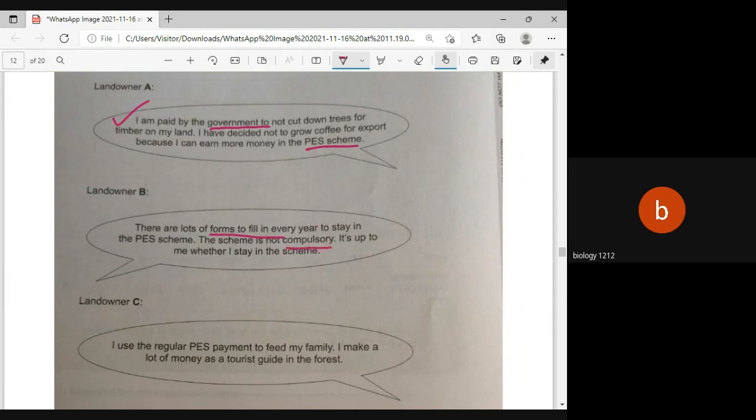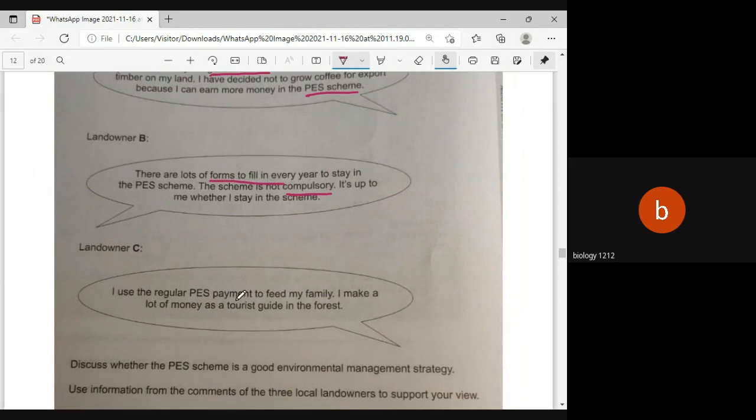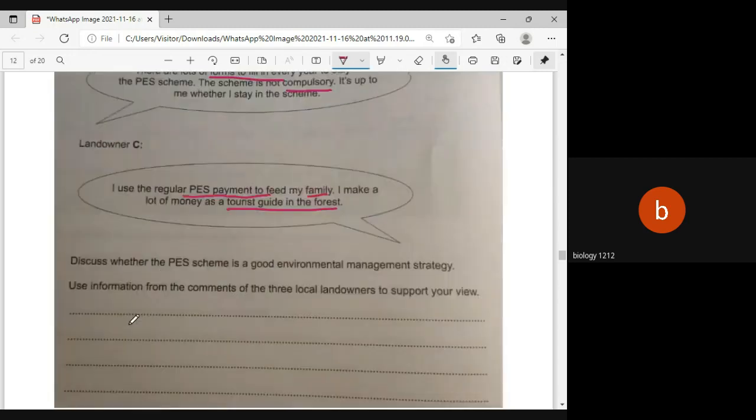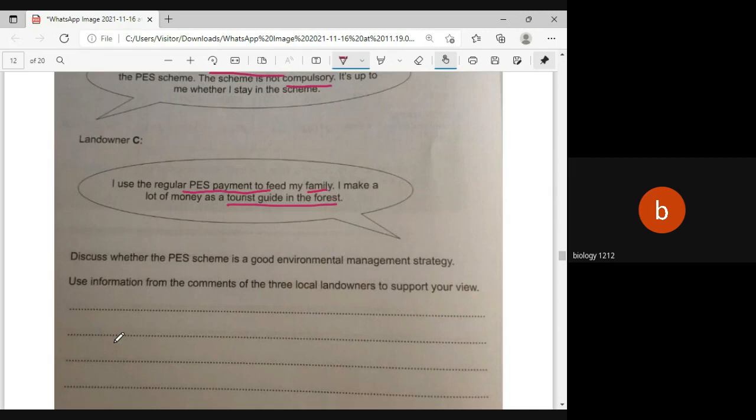It's up to you whether you stay with the scheme or not. Third landowner, C, used the regular PES payment to feed his family. He also makes a lot of money as a tourist guide, so that is one way, right? Now discuss whether the PES scheme is a good environmental management strategy.